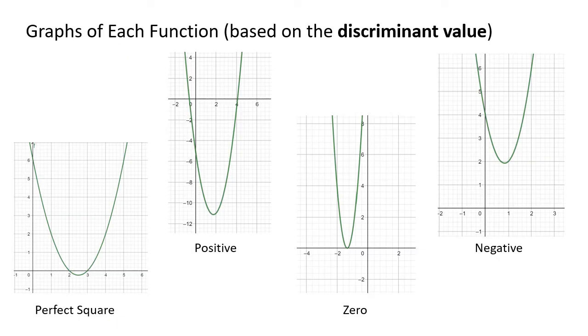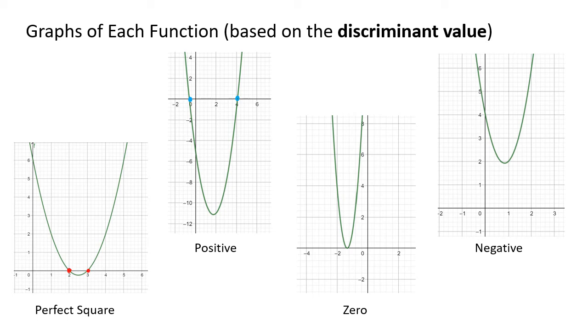So like I said, in each one of these instances, you will come up with a different solution. For a perfect square and positive roots in general, you see that it crosses at two distinct points. The difference being in the perfect square, it's crossing at perfect points right here at 2 and 3.